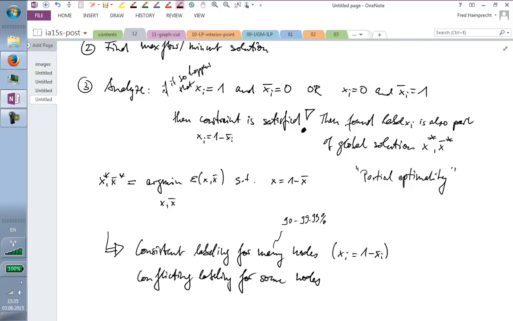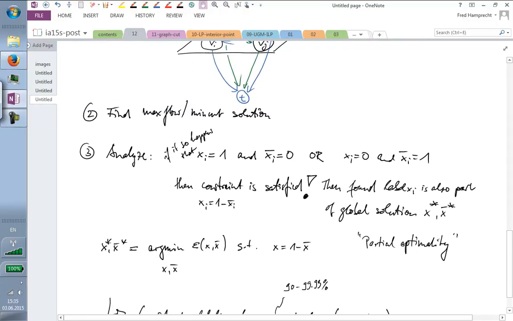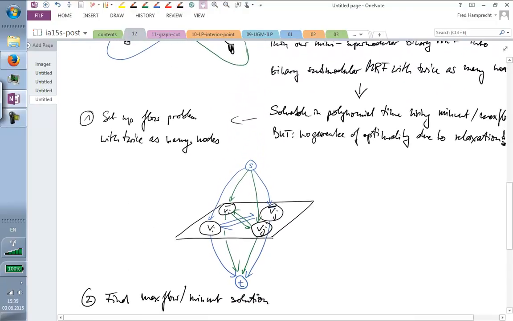Now, I have only written here how we set up the problem. So this is the construction that I've shown here for a supermodular pairwise potential.